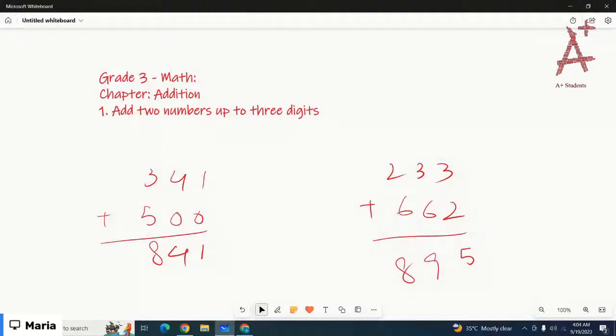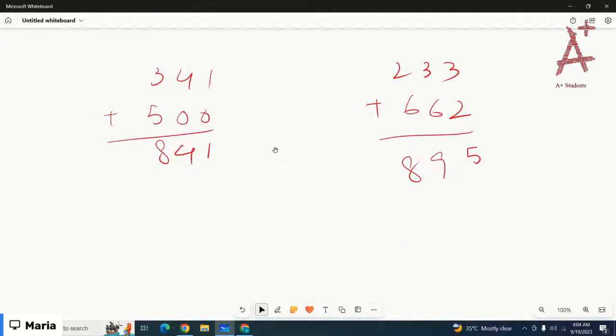Just do one more example. You have to add 602 plus 143. So how do you add? Which is the correct option?